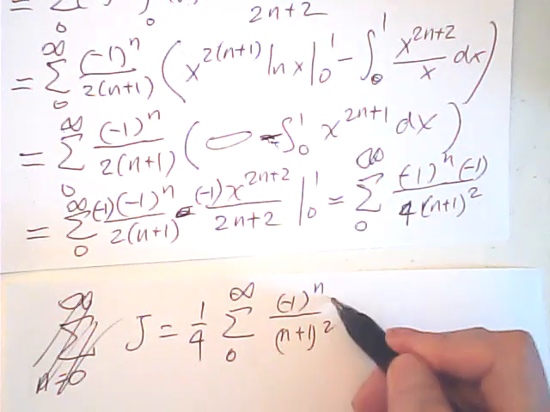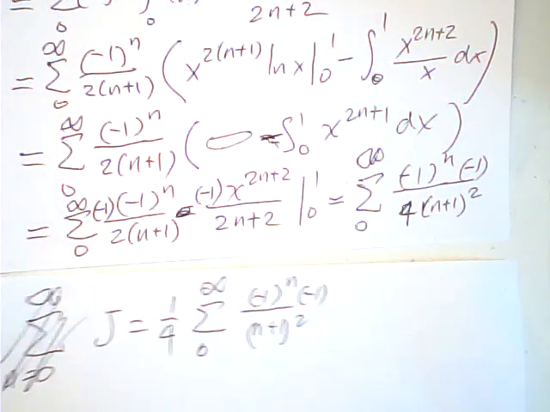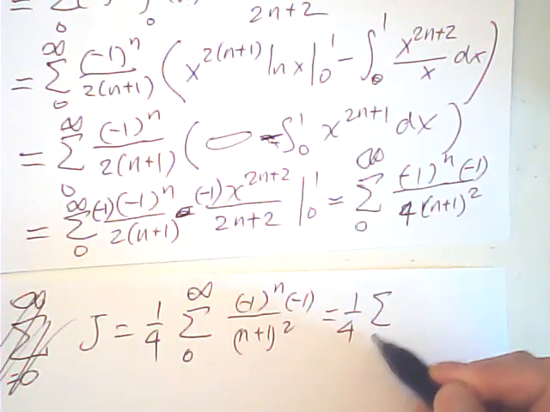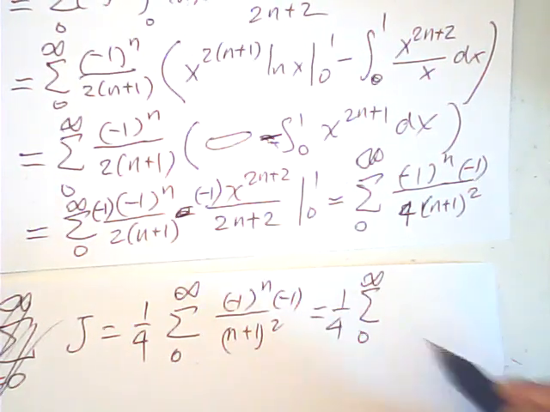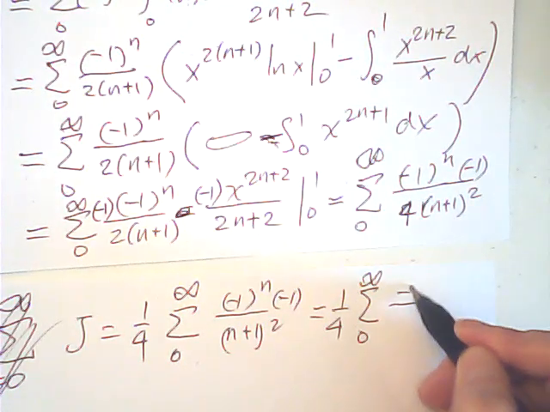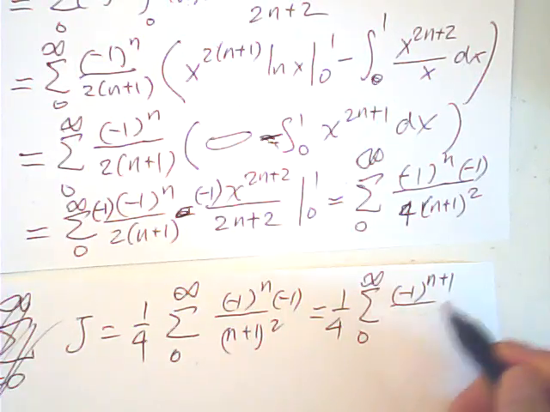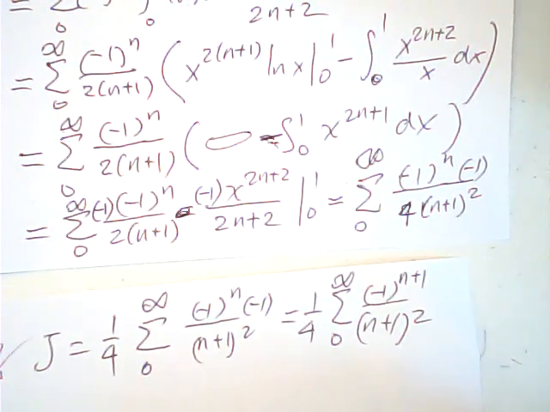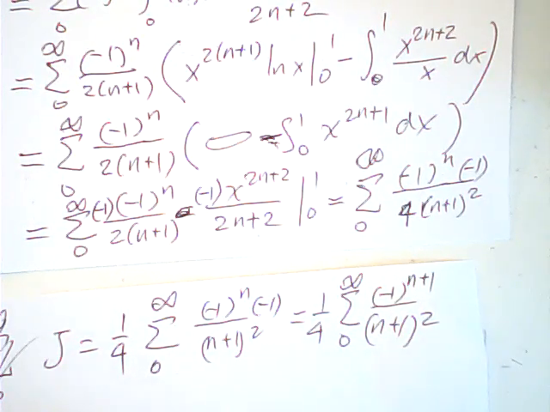So it becomes 1/4 sigma from 0 to infinity, minus 1 to the power n, over n plus 1 square. So this one is equal to 1/4.